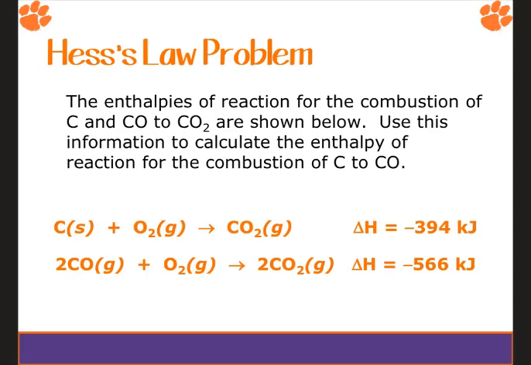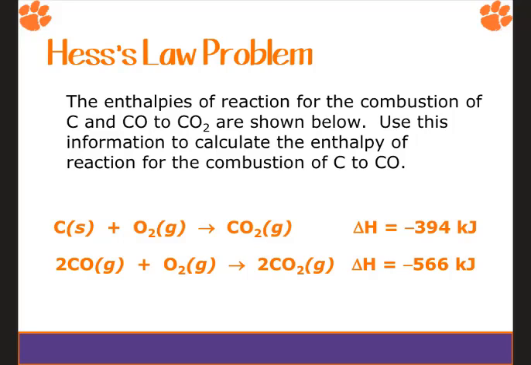All right, so let's try a problem together. Here we've got our 2 step reactions. We've got carbon and carbon monoxide being combusted to produce carbon dioxide. We want to use these 2 step reactions to calculate the combustion of elemental carbon, so C, to carbon monoxide.